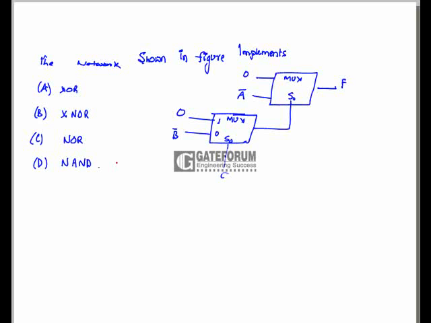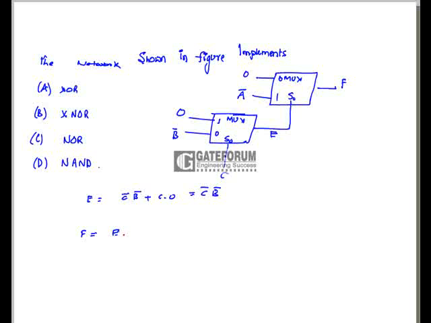The circuit shown in figure implements. So here, suppose I take this as E. E equals C bar, B bar, and C is 0, which gives C bar, B bar. F equals, here this is 0, this is 1.